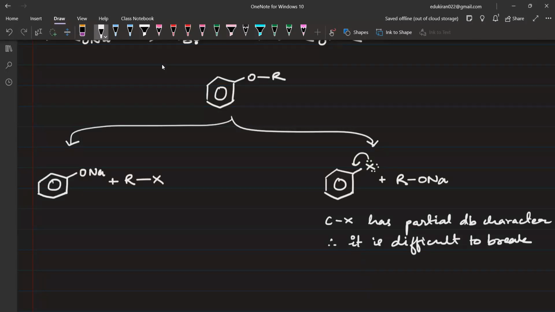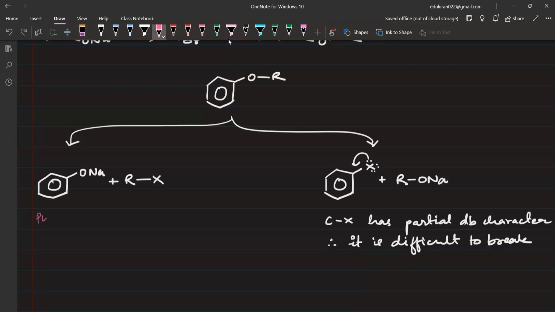है ना? So, in the case of alkoxybenzene, this is the alkoxy group, and this is benzene. In case of alkoxybenzene, what should we use? We should use phenoxide and alkyl halide. ठीक है?